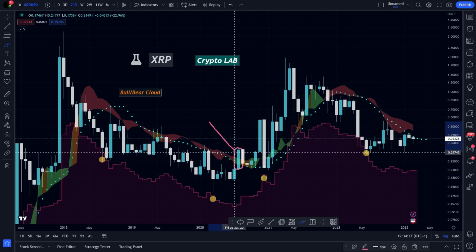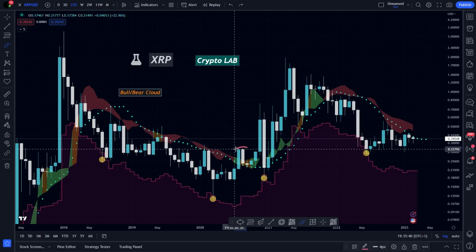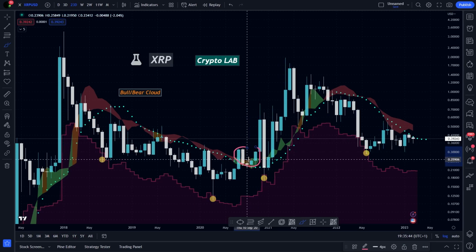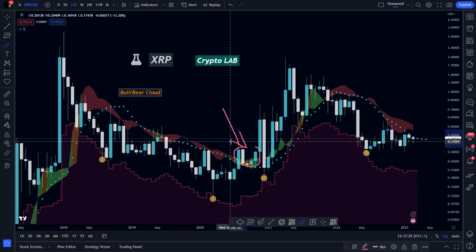This was a first positive sign, but it was not enough. What really made a difference is the fact that the price went back to the cloud to test it as a support this time. This is key. For the first time in years, XRP had kept the cloud as a support instead of a resistance. And this was the second indication that the bear market was coming to an end.